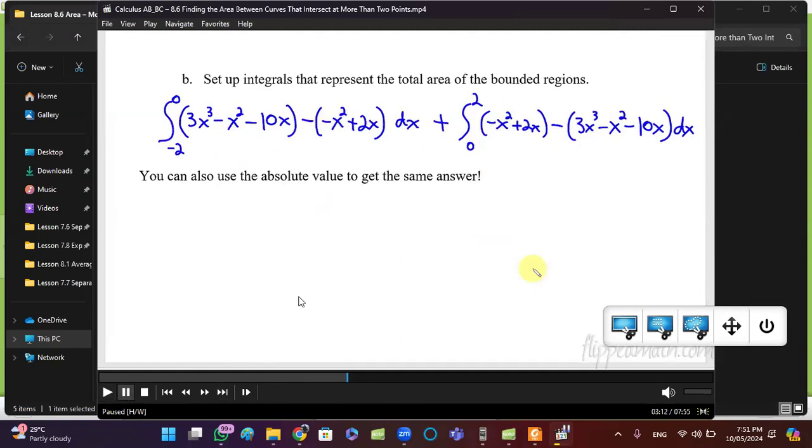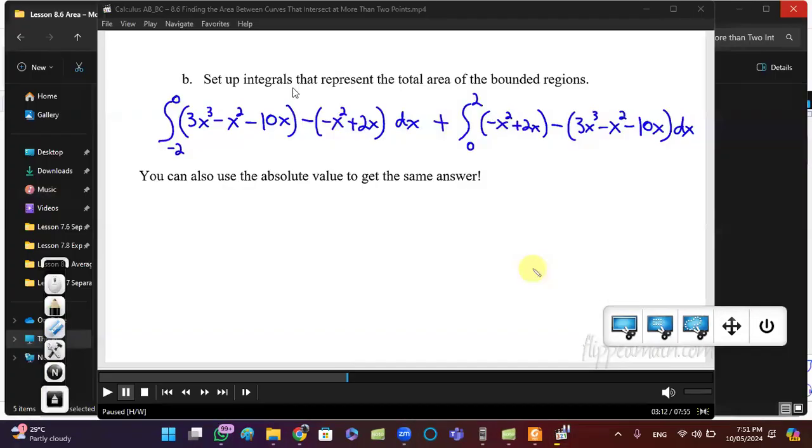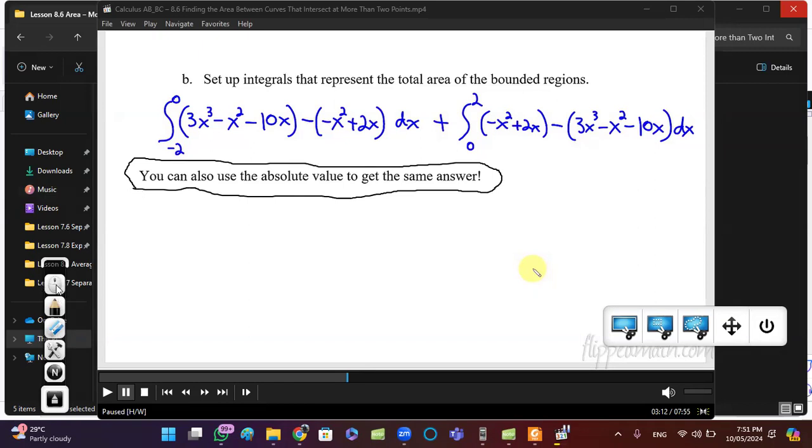Look here. You remember when I told you that you can use absolute value? I told you about this on Zoom before. You can write any one first, but you can use absolute value to get the same answer as positive or negative.